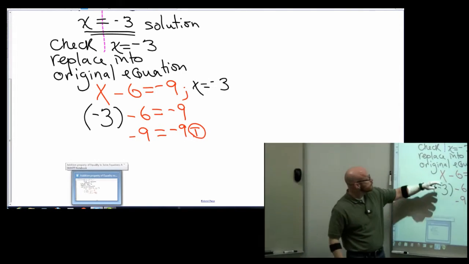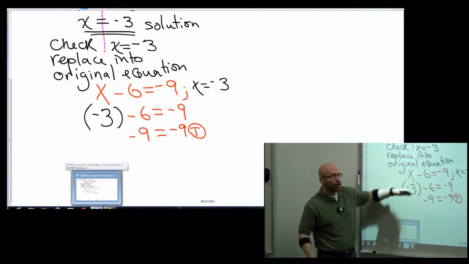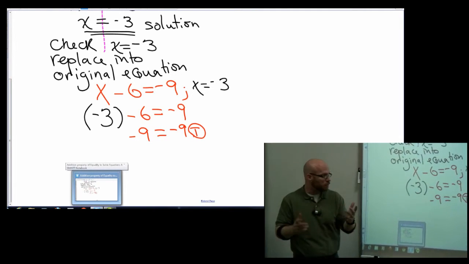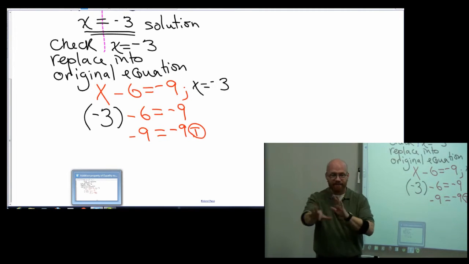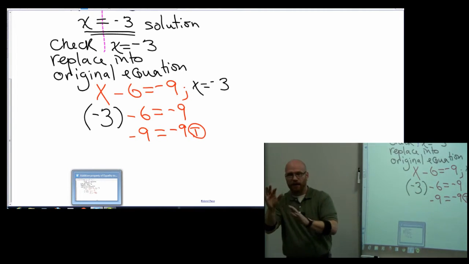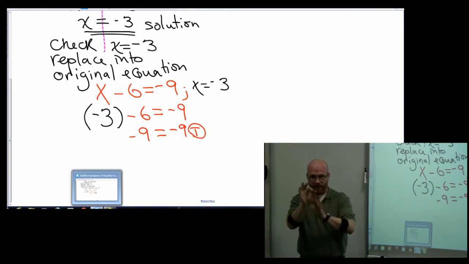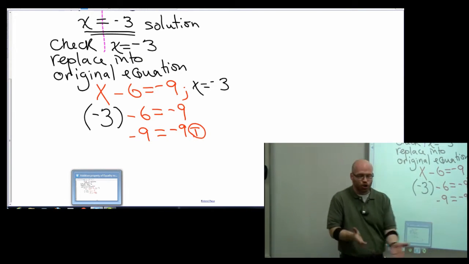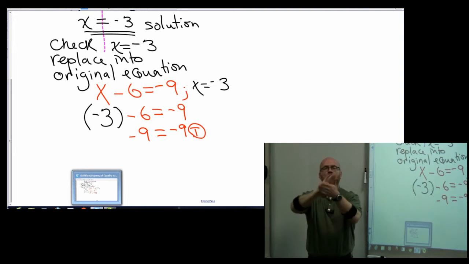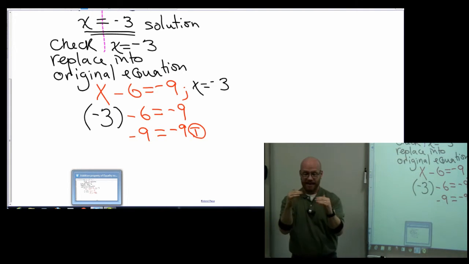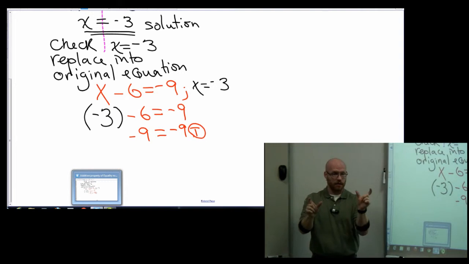So now, here is my check. Notice I didn't solve for x. I didn't find x equals negative 9. The answer itself is not negative 9. This is just proof that my solution, negative 3, put in, gives me a true statement. Remember, an equation is like a test.